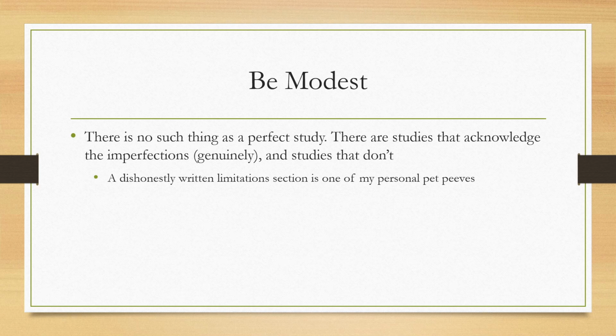In fact, one of my personal pet peeves is people who write limitation sections in a very dishonest way. And this happens a lot more often than you may think. Studies will not list very serious, very concerning limitations regarding sample size, regarding instrumentation or analysis, regarding the fact that they're implementing exploratory research, that they tested 100 variables and only 5 were significant.